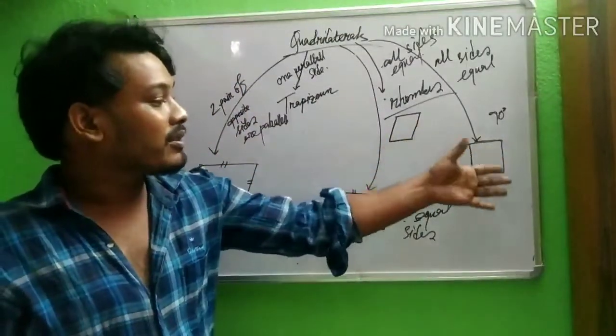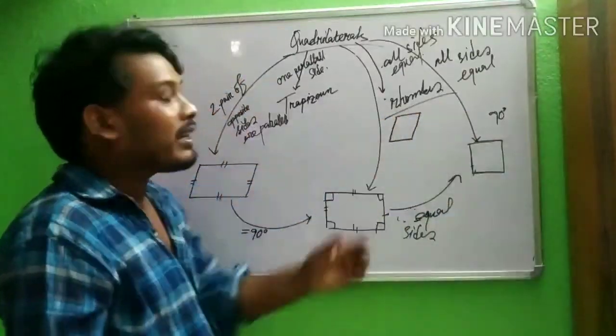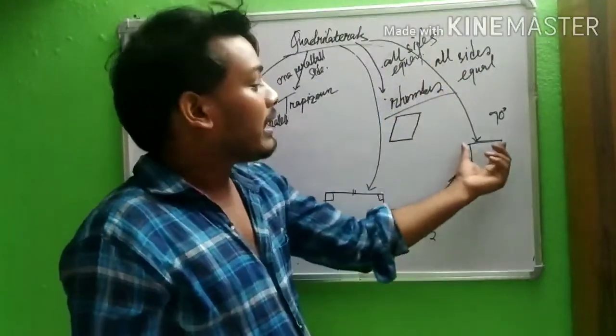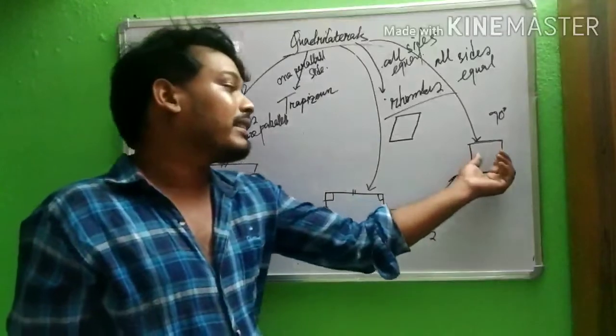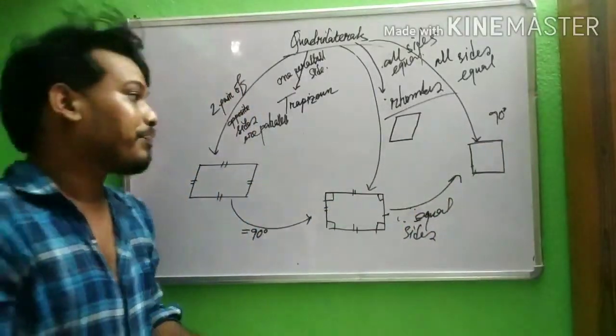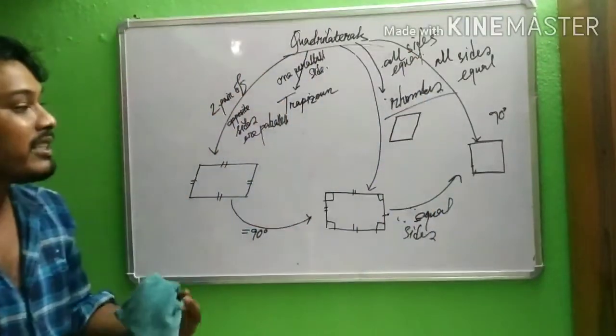So a rhombus may not be a square, but a square is always a rhombus, because the condition in both is that all sides are equal. Okay. So I think the definition of rhombus is clear.